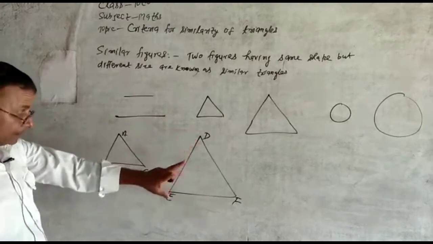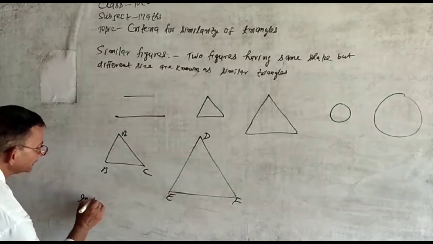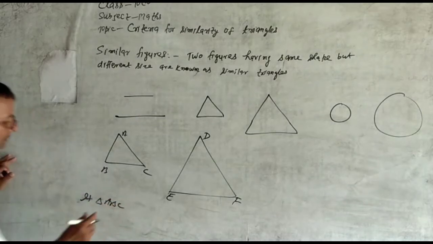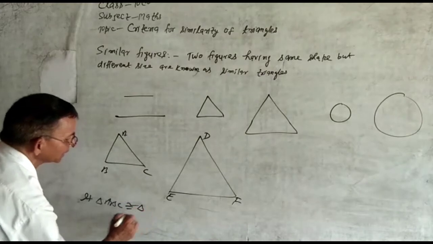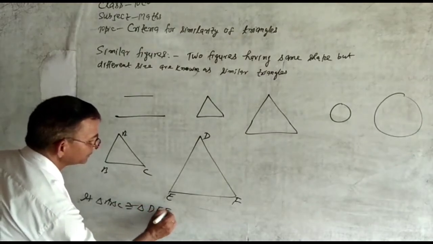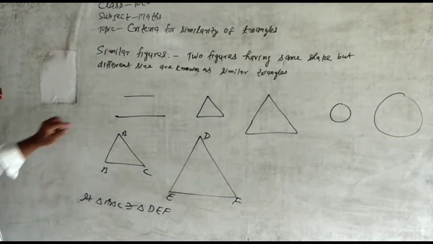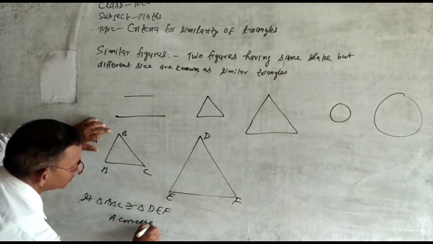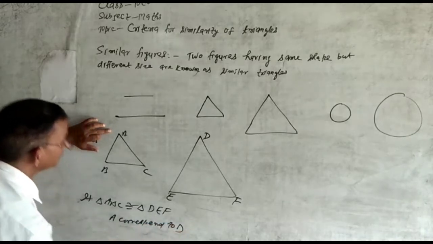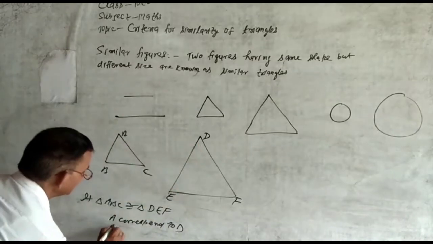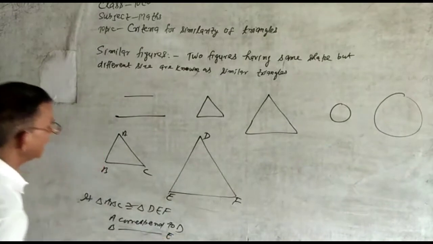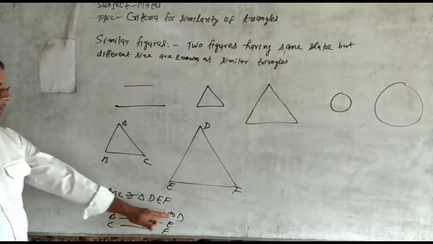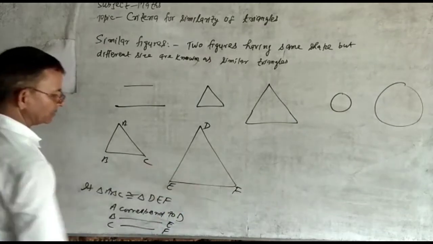If triangle ABC is similar to triangle DEF, then we can say that A corresponds to D, B corresponds to E and C corresponds to F.